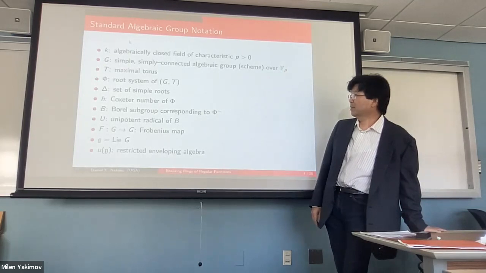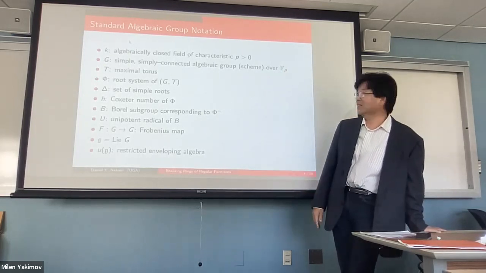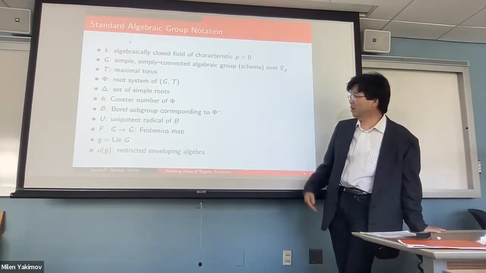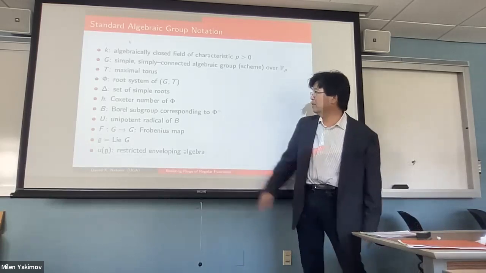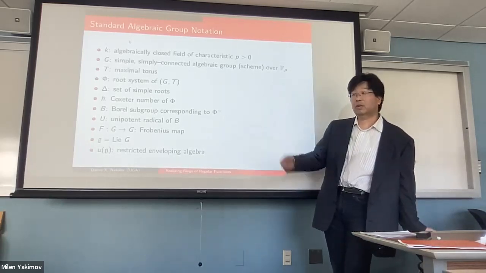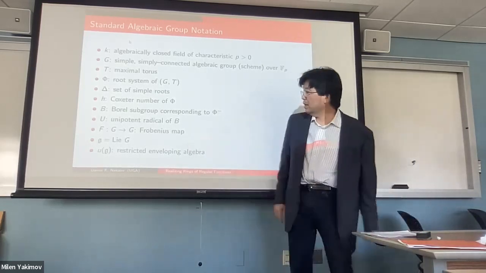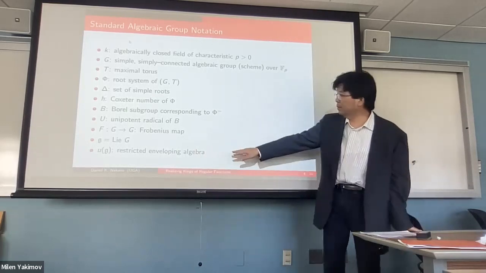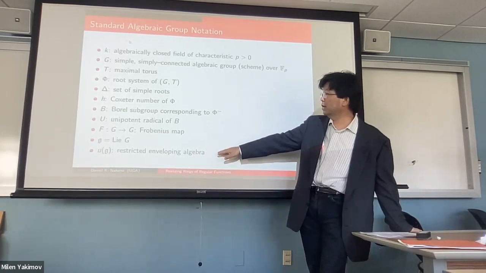So the Frobenius map gives you all the troubles, but it also gives you all the problems to work on. So here's the Frobenius map. For GL_n, it just takes a matrix entry and raises everything to the p power. G is the Lie algebra over here. And maybe you're not quite familiar with this, but this is what's called the restricted enveloping algebra, U of g.